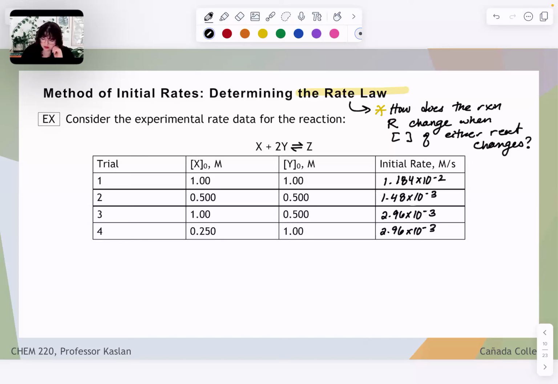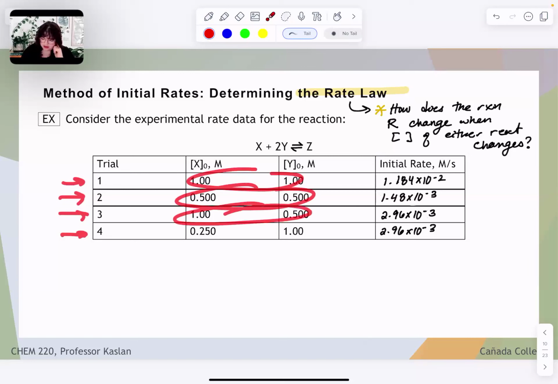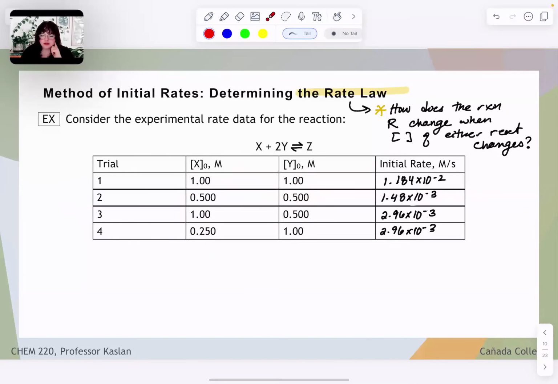So we need to look at information like, okay, here we have a bunch of rates, we've got a bunch of concentrations, meaning this reaction was performed 4 different times with 4 different reaction mixtures, and the initial rate, so early rates of reactions, were observed. And we need to compare trials that allow us to figure out, how do we have a dependence on X and how do we have a dependence on Y?